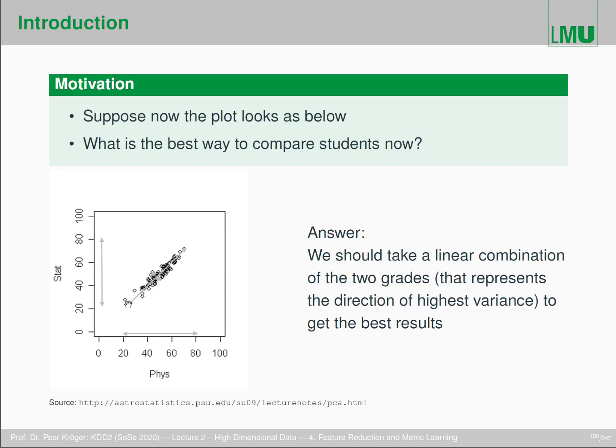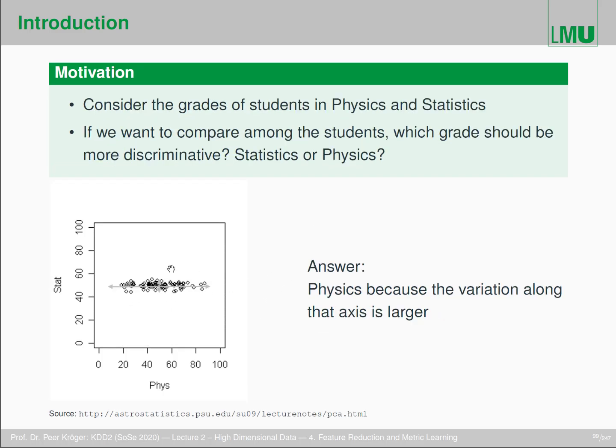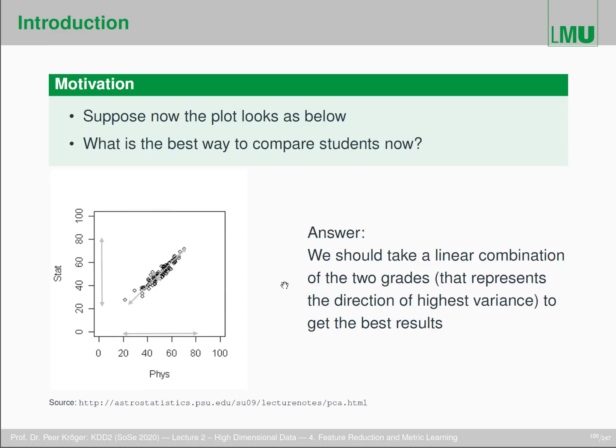But to be optimal, in the same sense as here, we should take a linear combination of the two grades that represents exactly this direction here, the direction of highest variance.